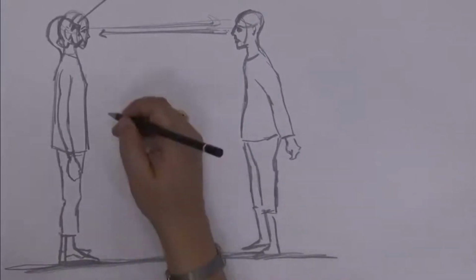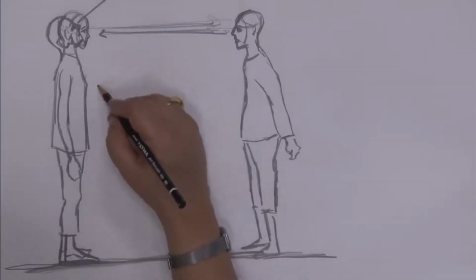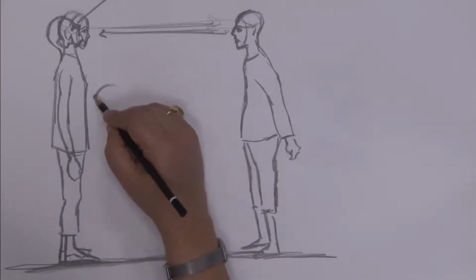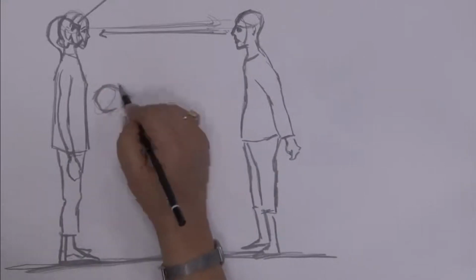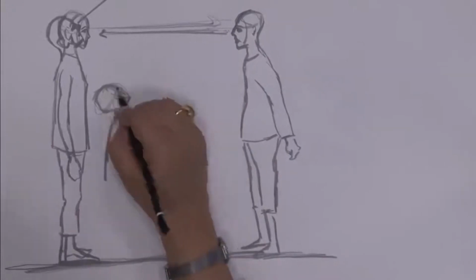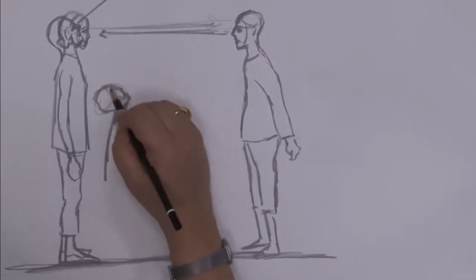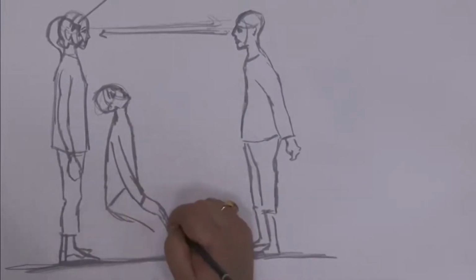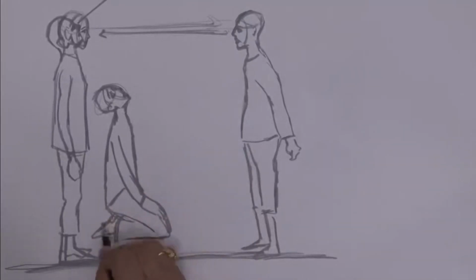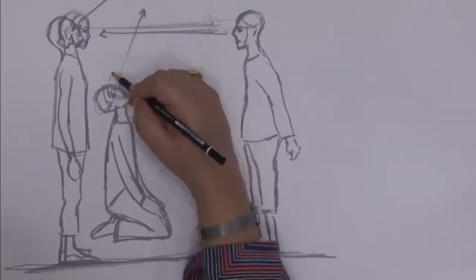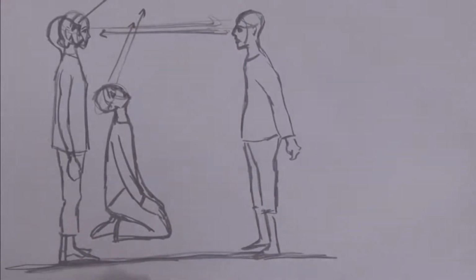So, let us see that in a different order, that there is one person, let us add another character who may sit there, looking up in another direction. It will create another linear formation.